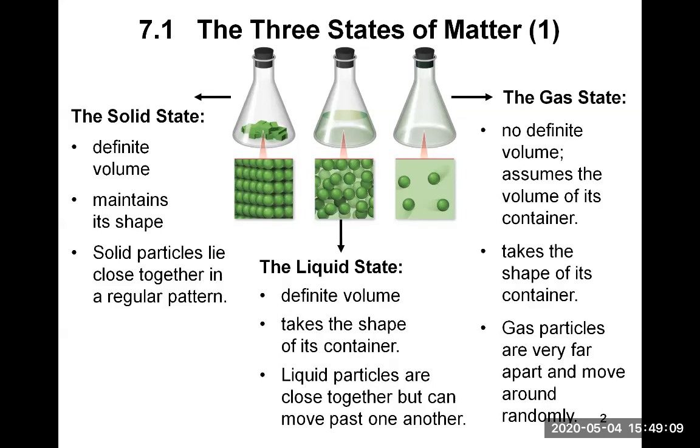But if you compress it into a balloon, it will take the shape of the balloon. So gases take the shape of the container. And that's because at the atomic level, the gas particles are very far apart from each other, and they move around constantly. So they fly around in straight lines until they hit a wall and then bounce and fly in another direction.